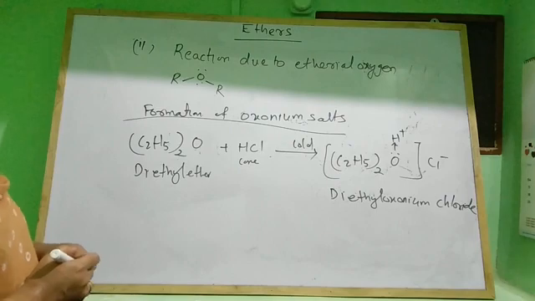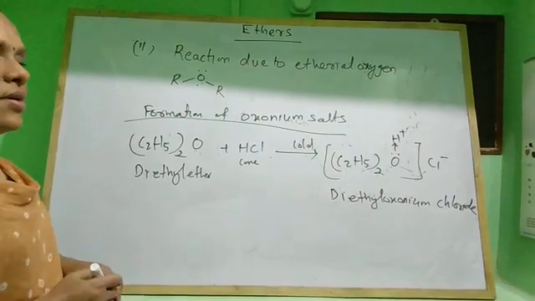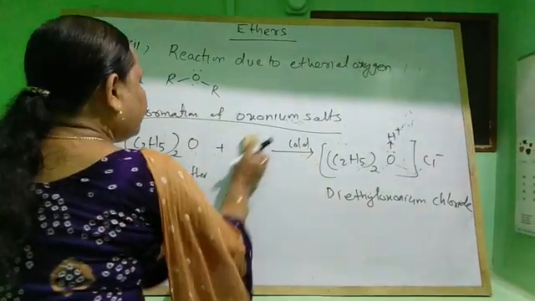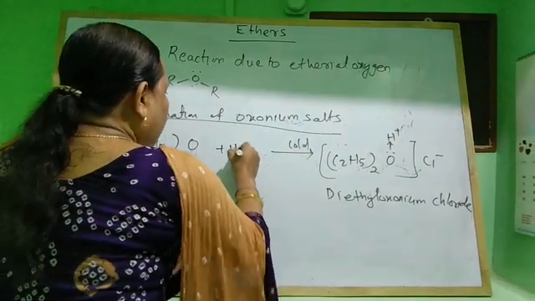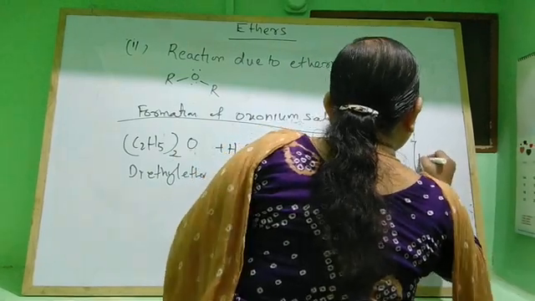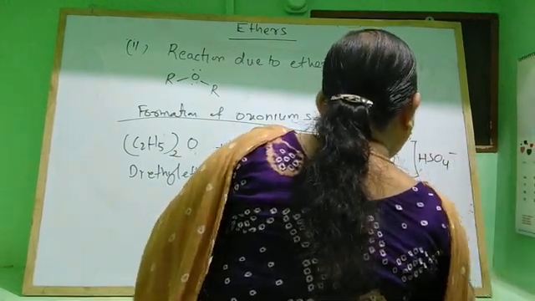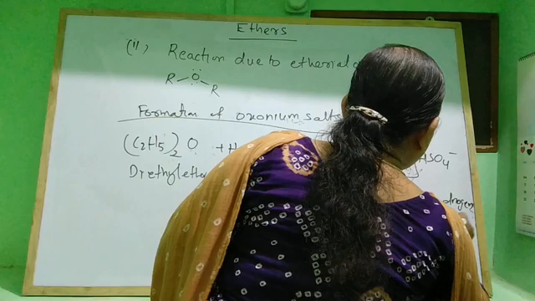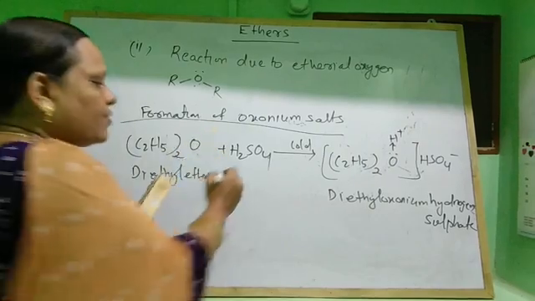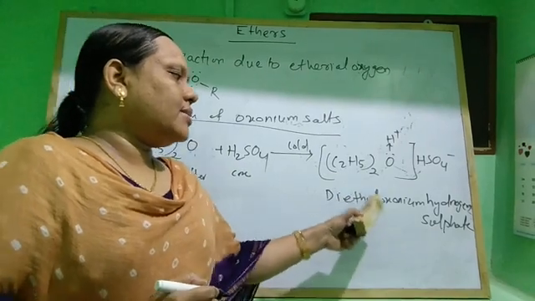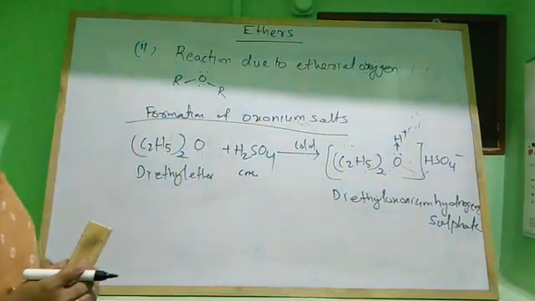Similarly, it reacts with concentrated sulfuric acid to form diethyl oxonium hydrogen sulfate. So ether reacts with concentrated sulfuric acid in cold condition to form diethyl oxonium hydrogen sulfate.